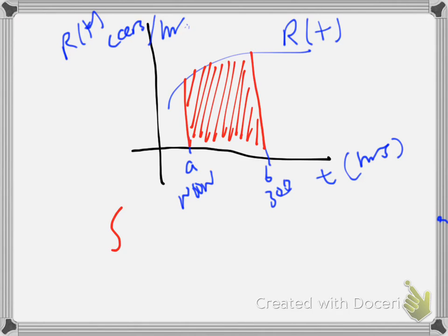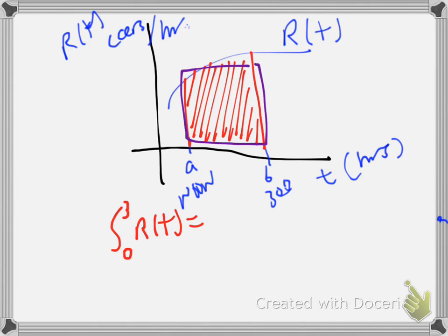So if we integrate from noon, we'll call that time 0, to 3, the r of t, that would be hours, so length times width. So again, we go back to the rectangle. What are the dimensions of the rectangle?